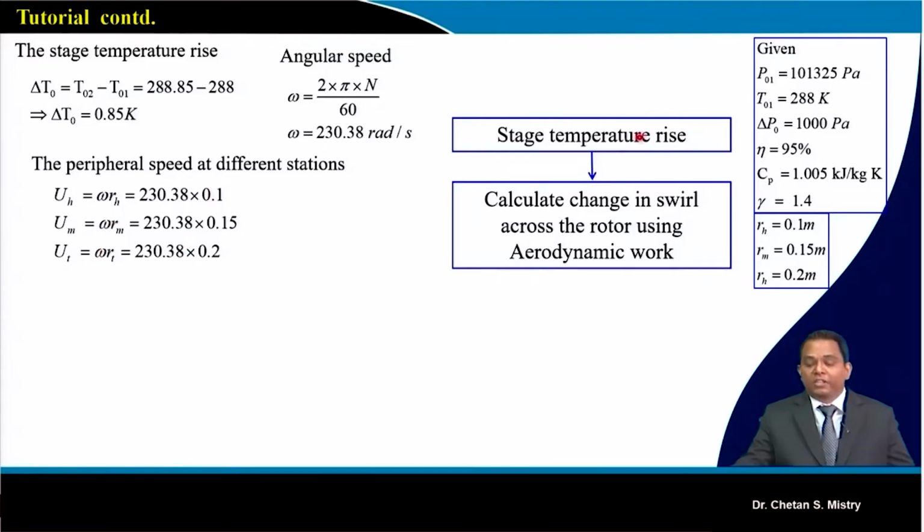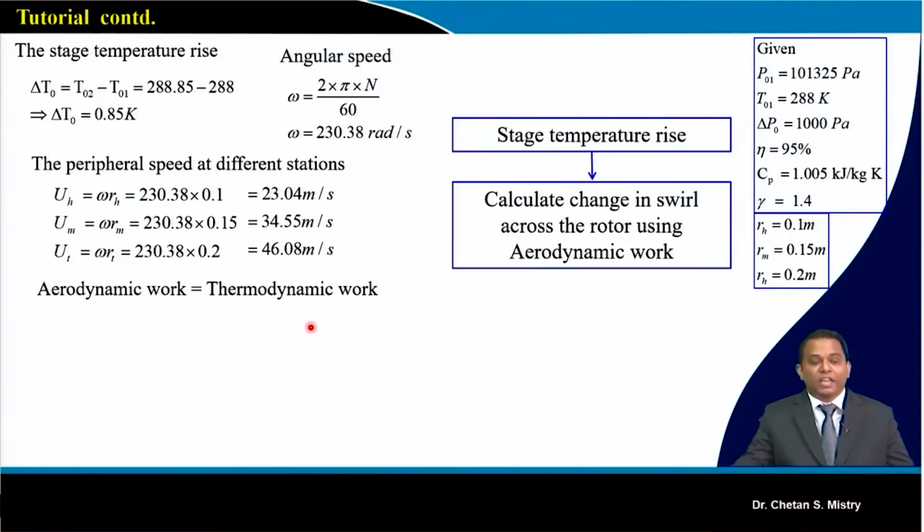The radius at hub, tip and mid section is given to us. If you put this in, it will give me my peripheral speed at different stations. Just understand, we are interested in what is happening at mainly 3 stations: mid section, hub section and tip section.